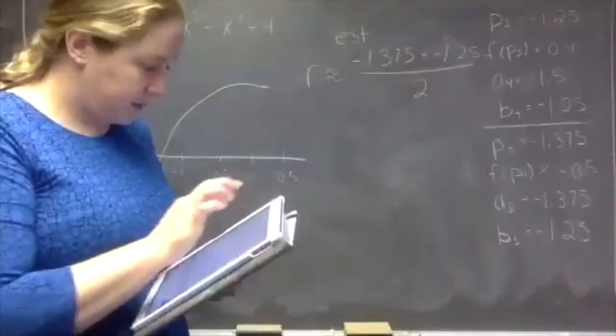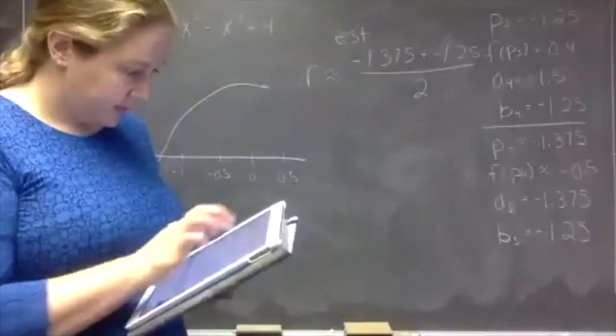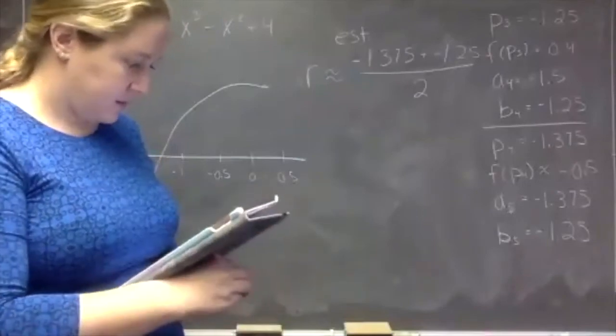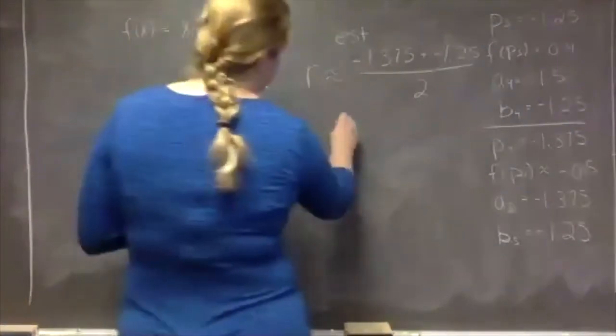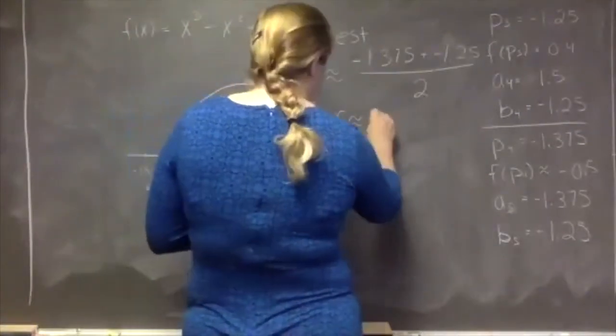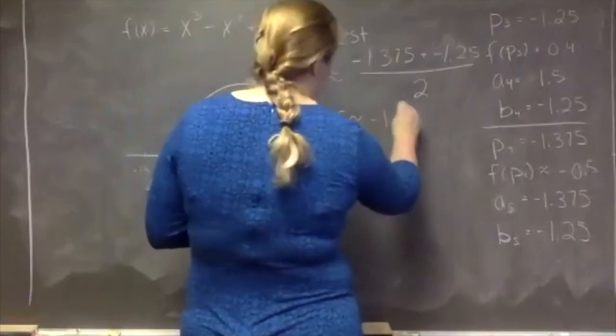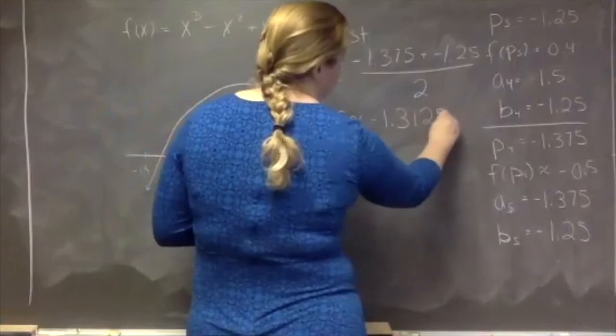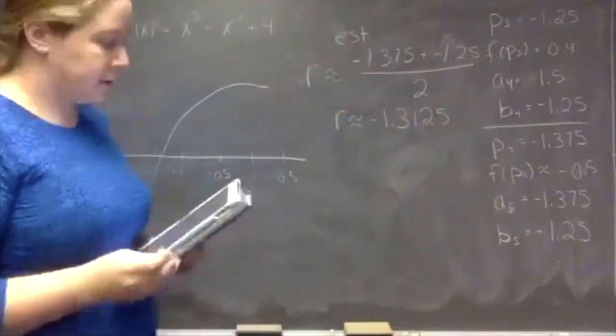I'm bad at parentheses. Okay. Over 2. Okay, so this is our root. Our guess for our root is negative 1.3125. So that is our root.